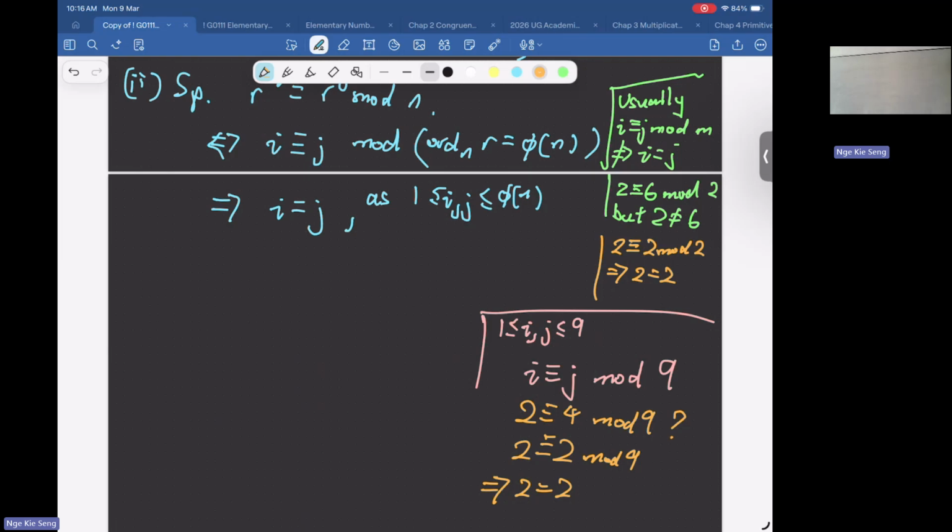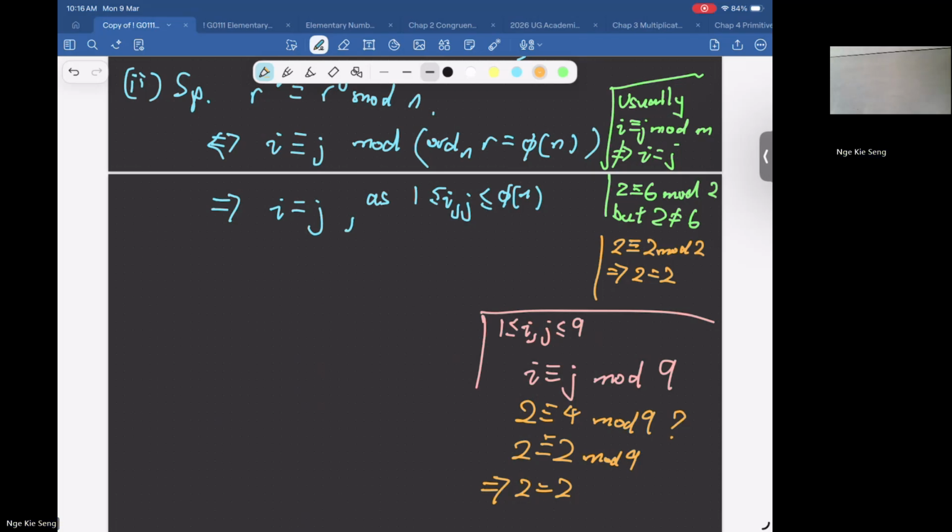If you consider any numbers less than n, and you want them to be congruent with each other, they have to be the same number, because they represent different classes, or different representatives in the complete residue system. Any integer is congruent to exactly one of these integers.